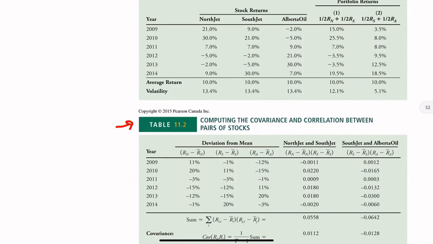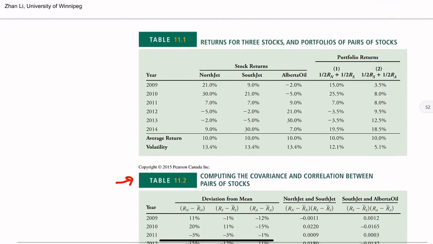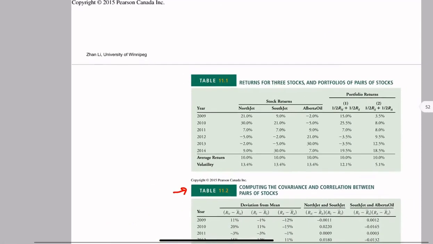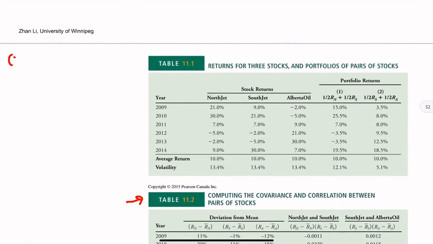covariance. What is the formula for calculating covariance? Remember that we have learned about this. Let's say we want to first calculate the covariance between North Jet and South Jet. I will use Rn to represent the return for the North Jet firm, and Rs, which is the return for South Jet.